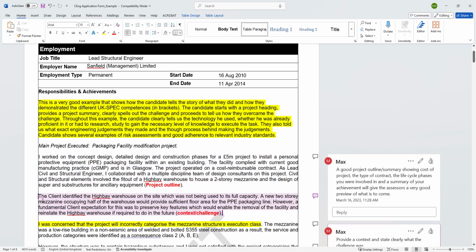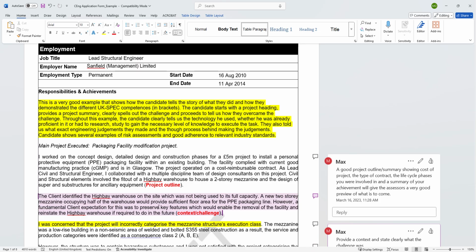And then if you look at the next paragraph, it gives a context or the challenge. So what exactly was the challenge? And the candidate talks about what the challenge was. So the client identified the high bay warehouse on the site, which was not being used to its full capacity. A new 2-story mezzanine occupying half of the warehouse would provide sufficient floor area for the PPE packaging line.